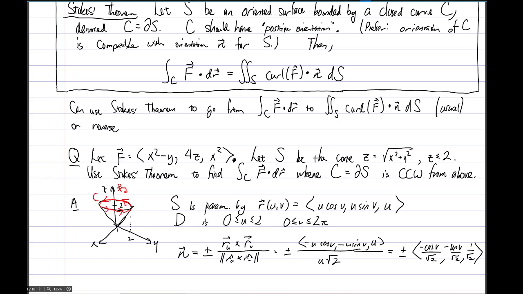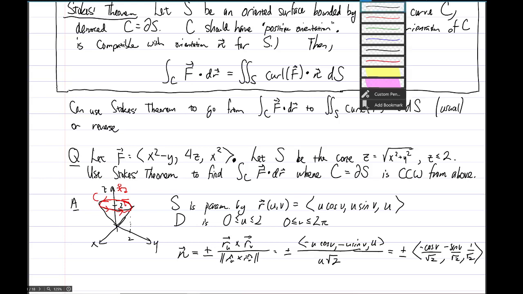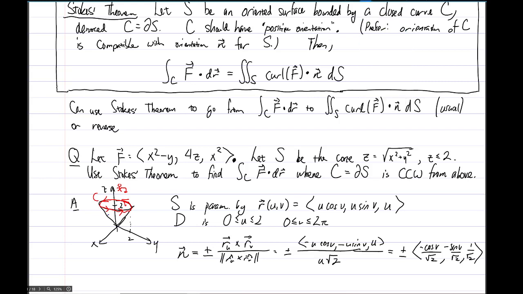That means the orientation on the cone can't be outward, because the blue circle would disagree with the orientation shown in red. So a point here needs to be oriented inward for compatibility.